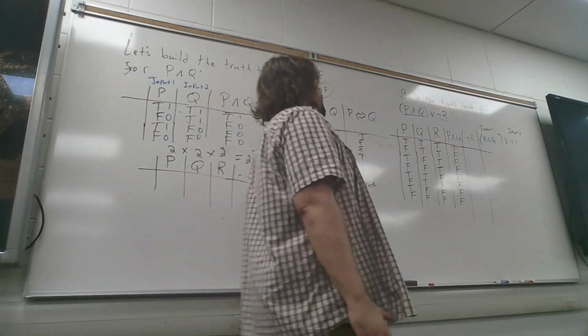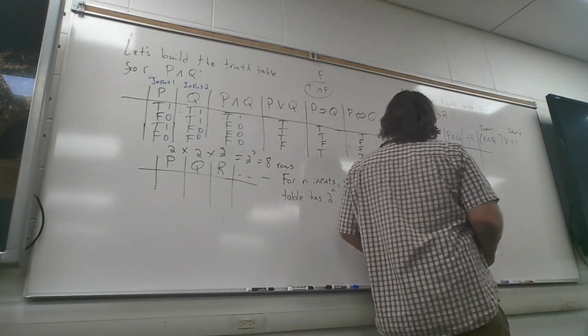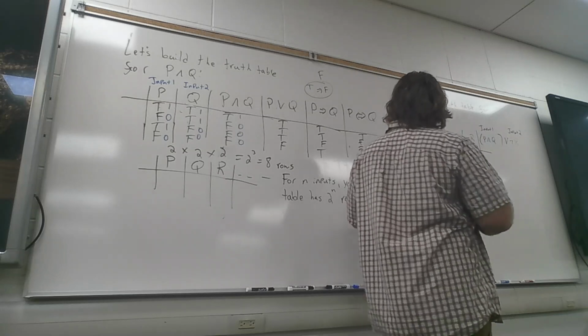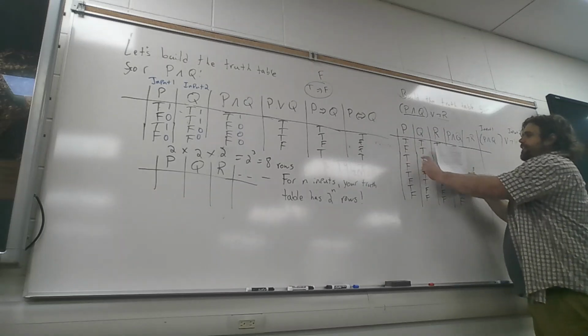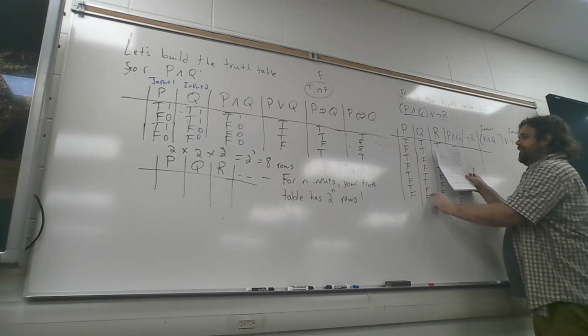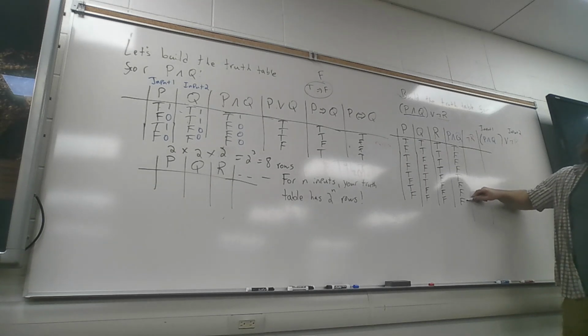Now we kind of look here, and since R isn't involved in that at all, if we cover that up, we've essentially got the same truth table twice, right? TT, FT, TF, FF, TT, FT, TF, FF. So when we look, we've got the same thing twice.